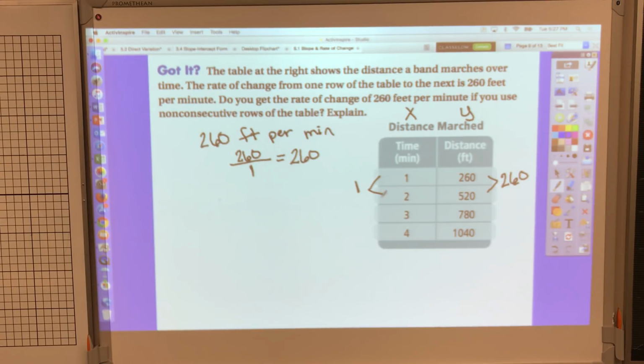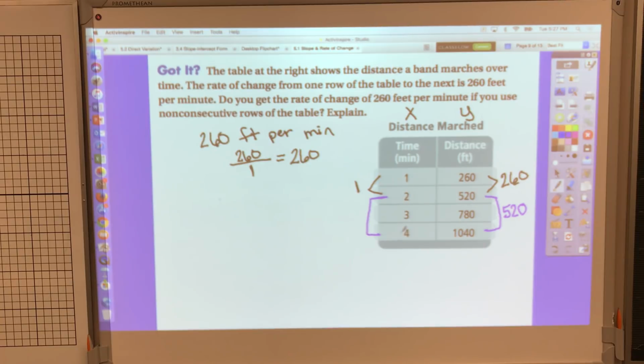Okay, so let's actually take a look right here. If I go from 520 to 1040, do I get that same rate of change? What I need to figure out is the change from 520 to 1040, and that is a change of 520.